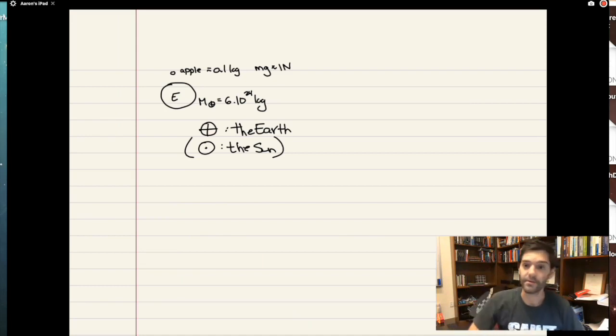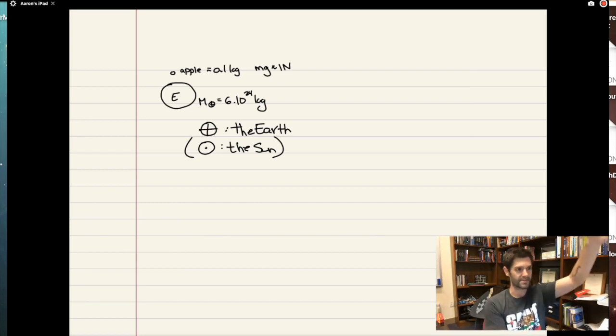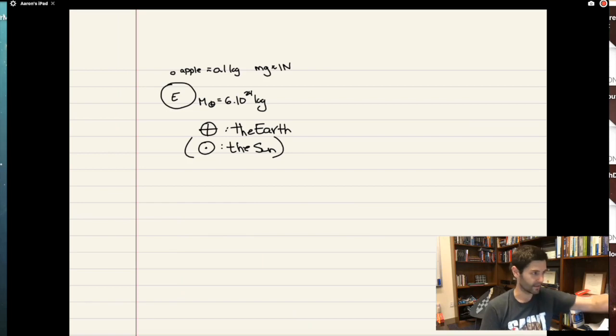But by Newton's third law, we just said that the apple is also pulling on the Earth. Is the Earth accelerating at 9.8 meters per second squared? If it is, we would notice. Since we don't seem to notice, that suggests it's not. Let us actually calculate. How much is the Earth accelerating while the apple is falling towards the Earth?